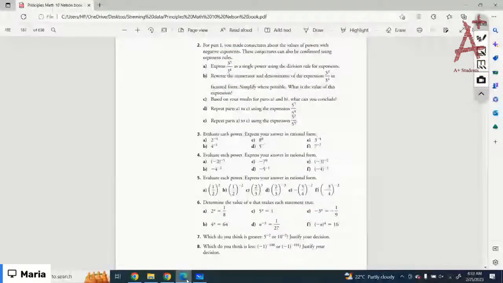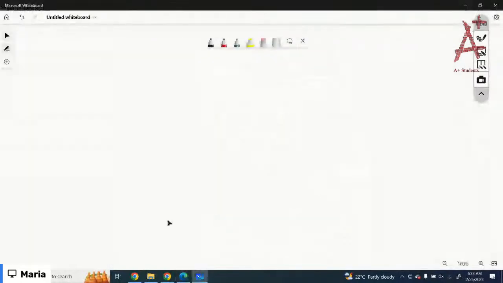Which is less? Justify your decision. Okay, negative 1 exponent negative 100 and negative 1 exponent negative 101. Got it? So you have to see which is greater. So basically this one is greater. Negative 1 exponent negative 100 is greater.